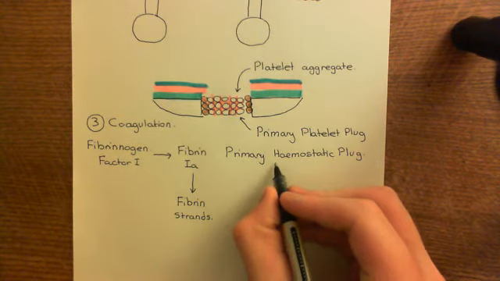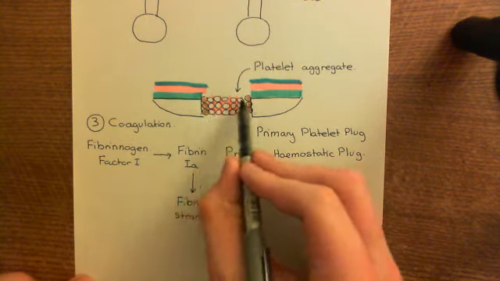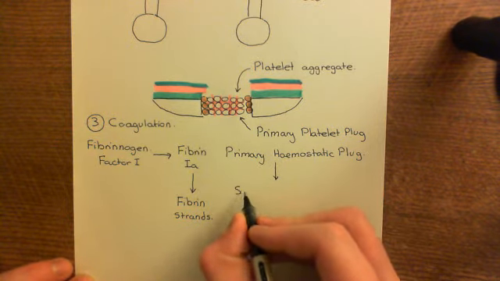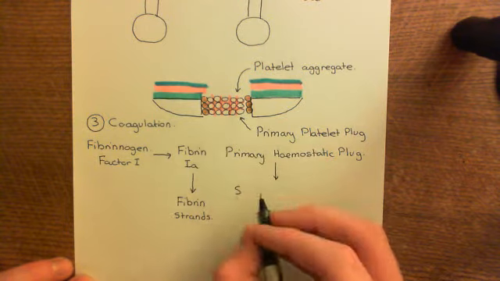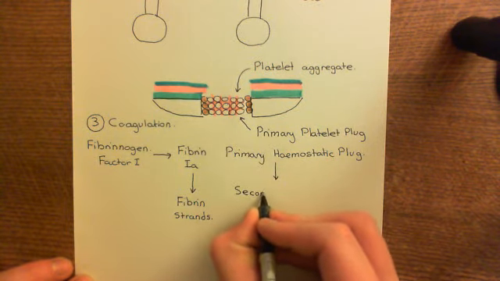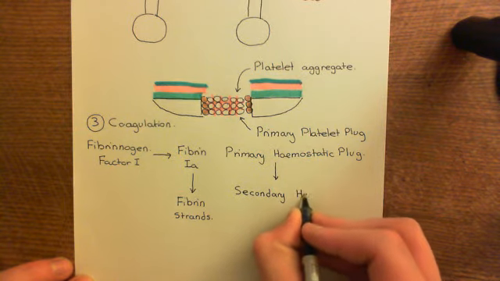When you convert a primary hemostatic plug, which is just a mush of platelets all aggregated together, to this mush with a very strong meshwork around it, the structure with the very strong meshwork around it is what's known as a secondary hemostatic plug.